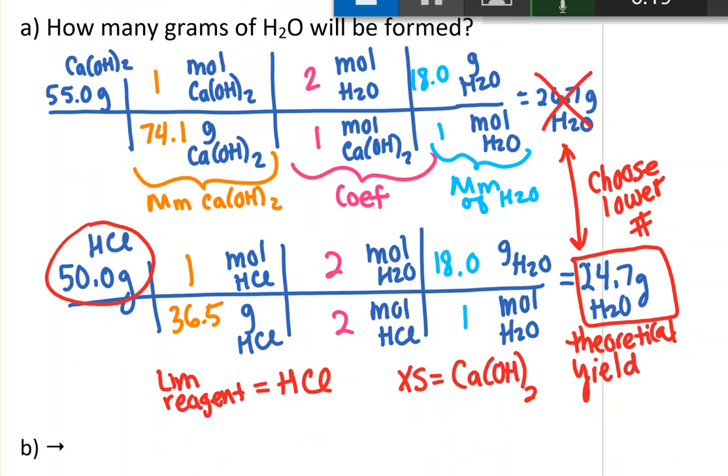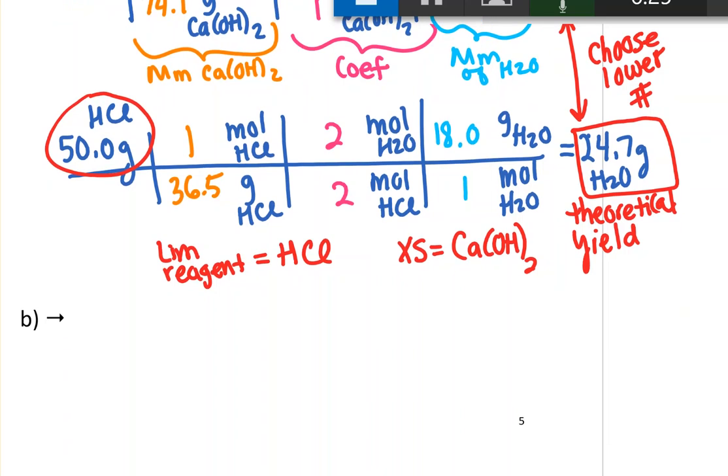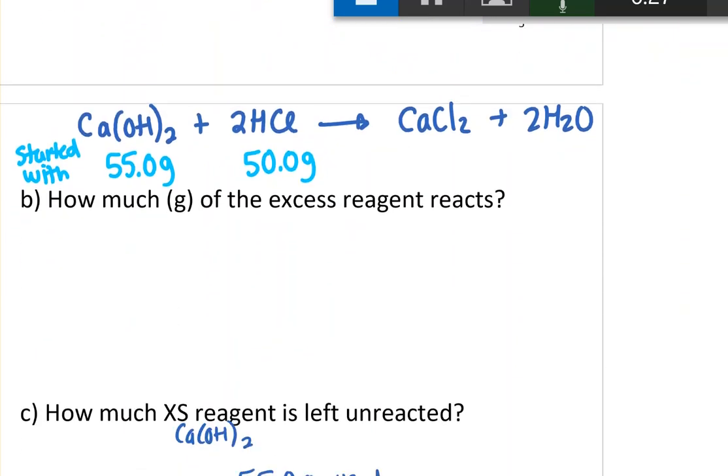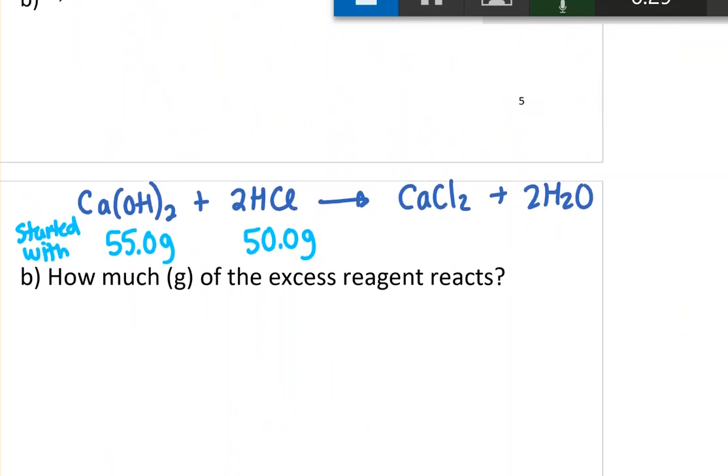Now we're going to continue this problem with a part B. It is the same exact reaction, but I've rewritten it down here. Okay, so same reaction. I've already decided that my HCl is my limiting reagent, and my calcium hydroxide is present in excess.